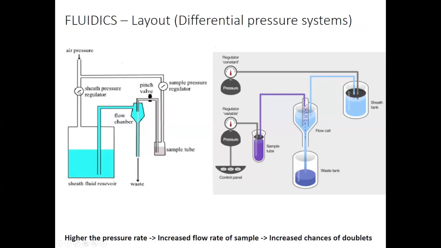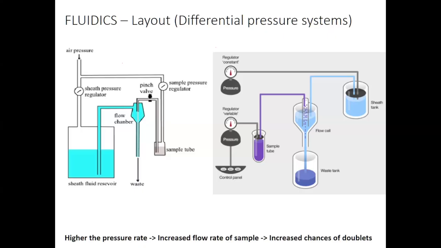If you increase the sheath fluid pressure with this regulator, the amount of sheath fluid delivered into the flow chamber increases. Similarly, when I increase the pressure of the sample regulator, the amount of sample dispensed into the flow chamber will increase.